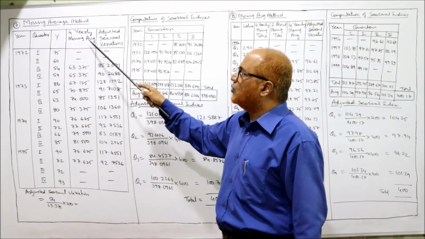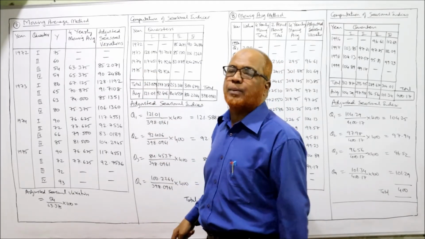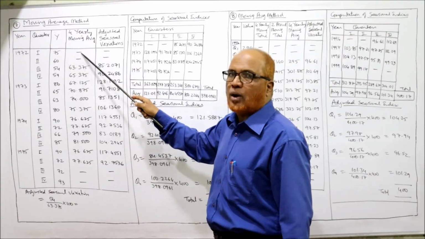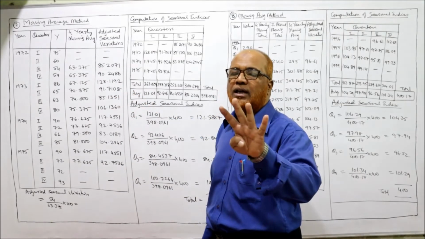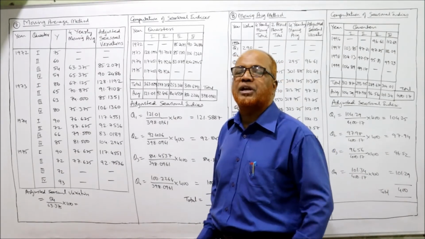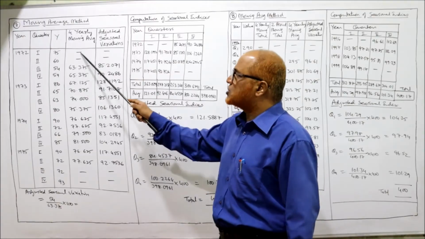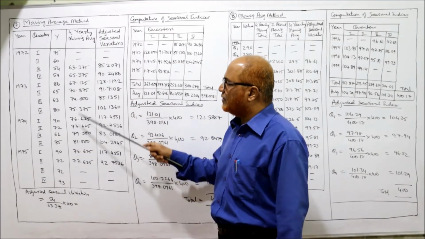Now the 4 yearly moving average is also given in the problem. The first quarter we don't have any values, second quarter we don't have. When we are calculating 4 yearly moving average, the first 2 periods and last 2 periods will be lost. So we are given the value.